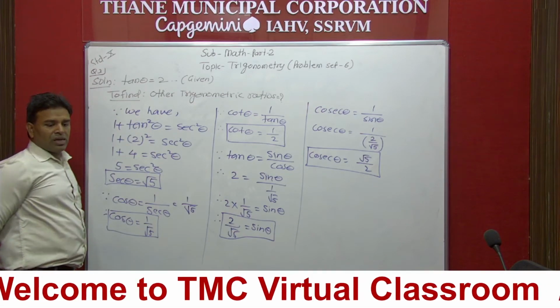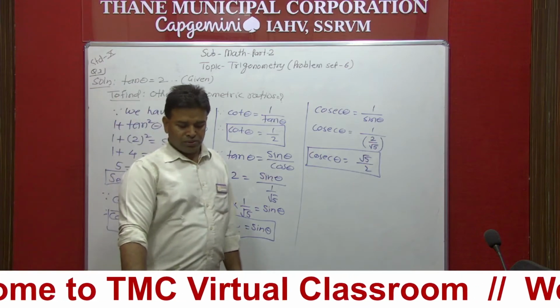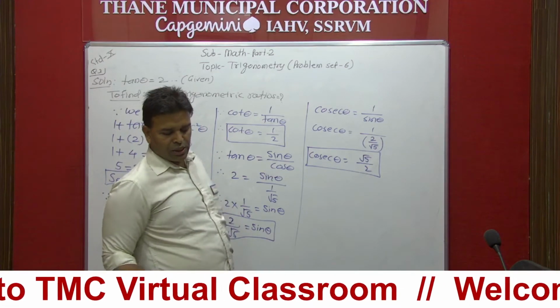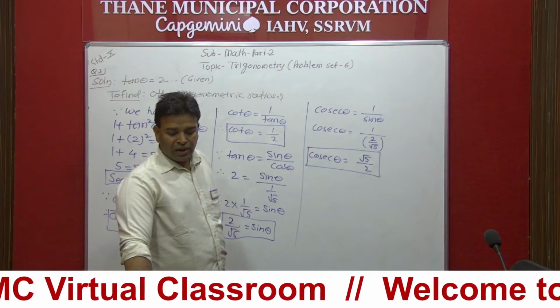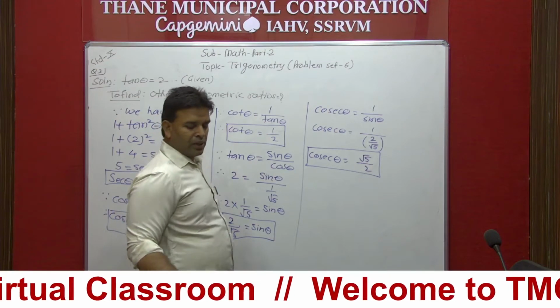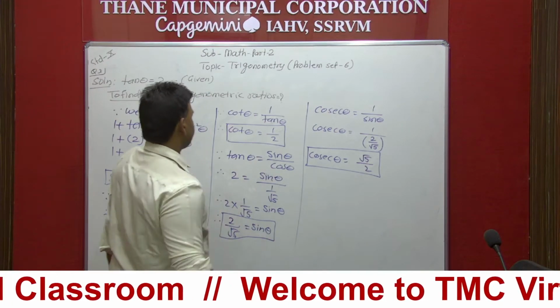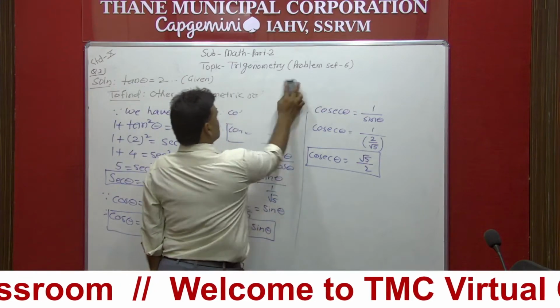Now let's start with question number 4. Question number 4 is sec theta is equal to 13 upon 12. Find the values of other trigonometric ratios. So the students can take a screenshot of this.